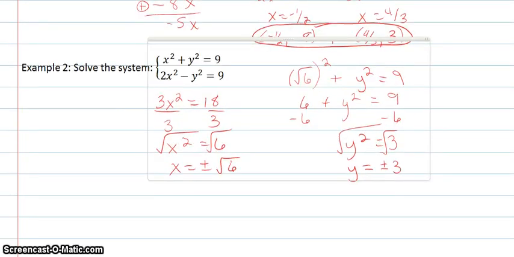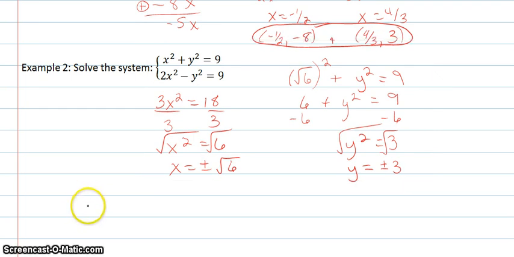Alright, so what we end up with is 4 points here. We'll have positive square root of 6 with, oh, that should have a square root, with a positive square root of 3. And then I'll have the negative square root of 6 with the negative square root of 3.